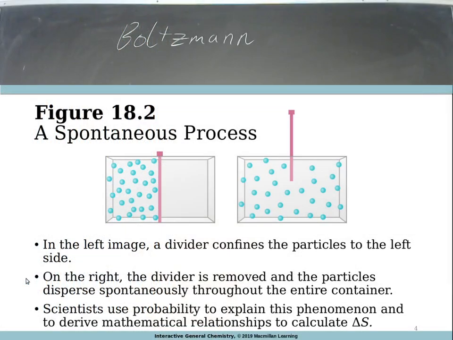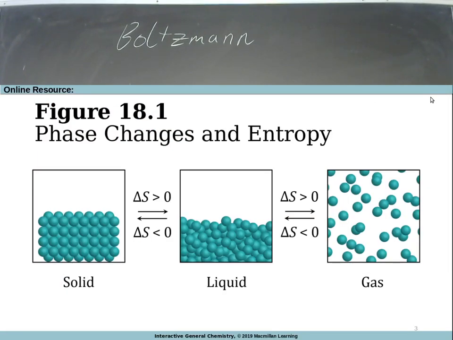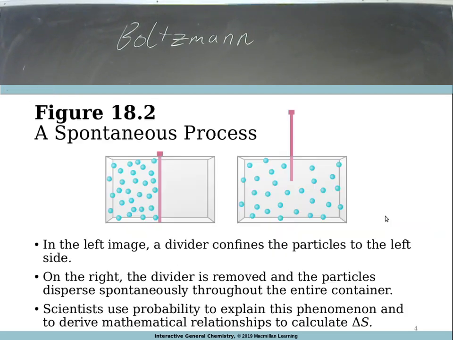Okay, so here we have figure 18.2. This is the microscopic view of solids, liquids, and gases, and hopefully you can see how the amount of disorder, or the number of different possible configurations, increases as we go from a solid to a liquid, and then increases yet again as we go from a liquid to a gas.